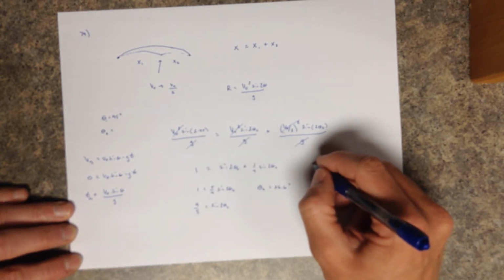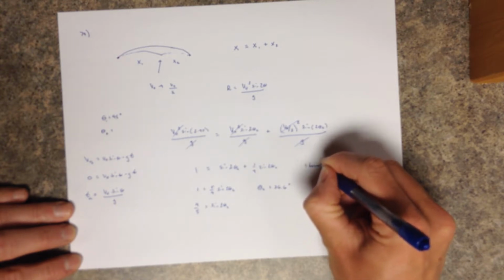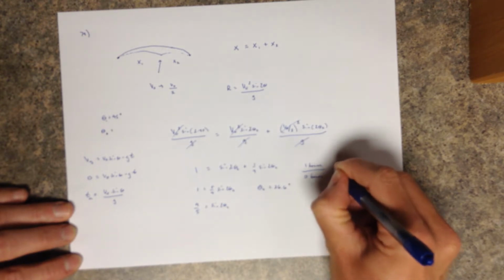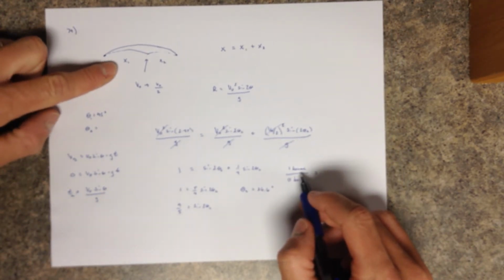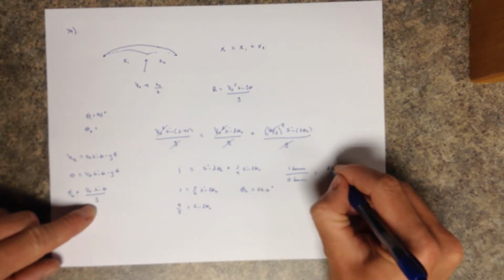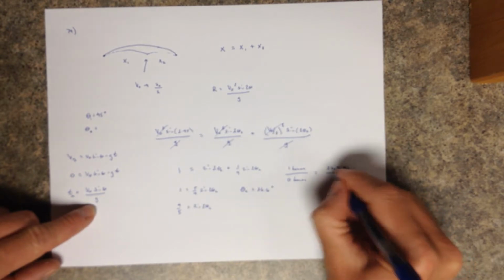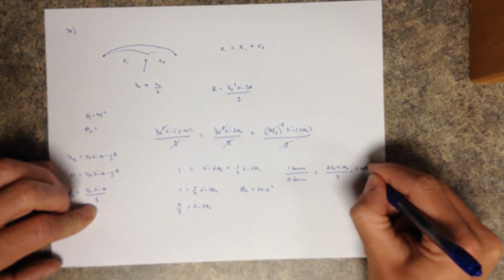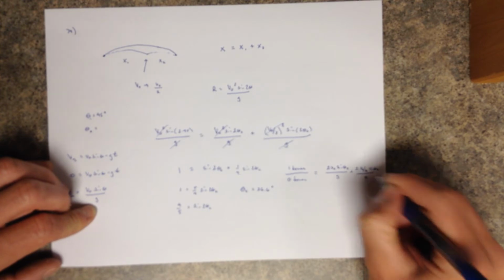Now we look at the ratio of 1 bounce to 0 bounce. The 1 bounce has 2 separate times: T1, doubling that, is 2 v naught sine theta 2 over g, plus the other one, 2 v naught over 2 sine theta 2 over g.